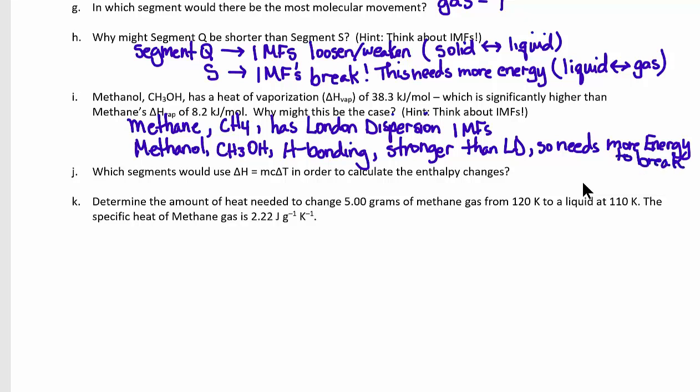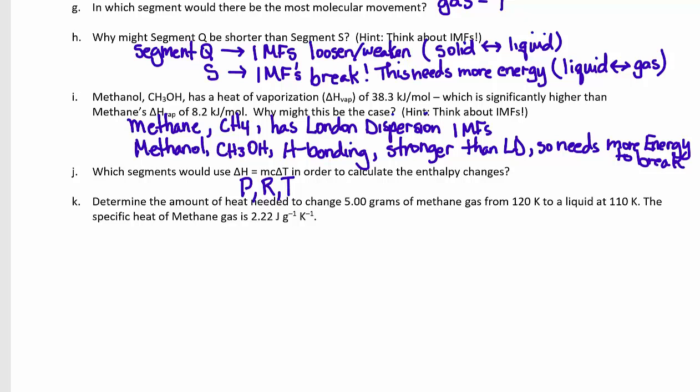Which segments would use delta H equals m c delta T in order to calculate the enthalpy changes? Basically, you have to have a change in temperature in order to use this formula. So any segment that is changing in temperature, which are segments P, R, and T.